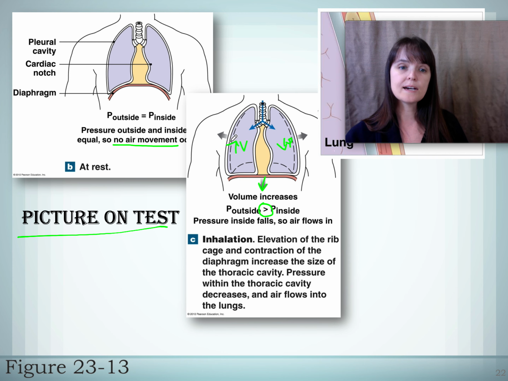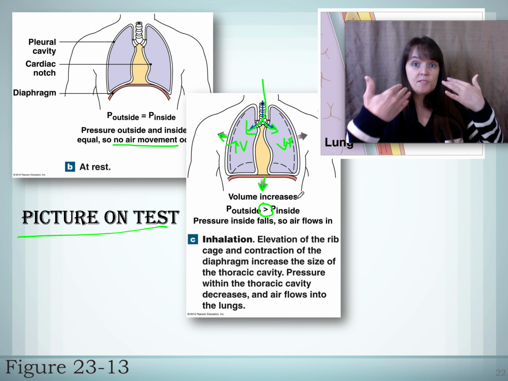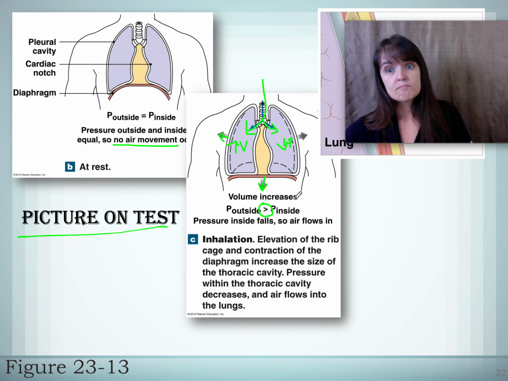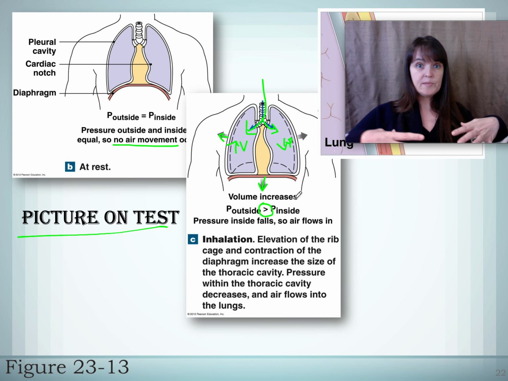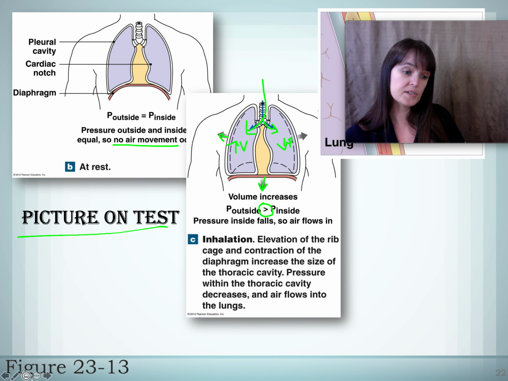You contract the diaphragm, you contract the external intercostals, your ribs expand, your diaphragm drops, you've made an area of low pressure, and the air sucks in. So you can even try this: put your hands on your rib cage and expand your rib cage, and the air just goes in because you expanded your rib cage. And then compress your rib cage. You push the air out, which is the next picture.